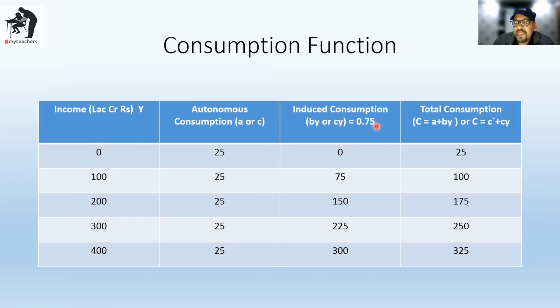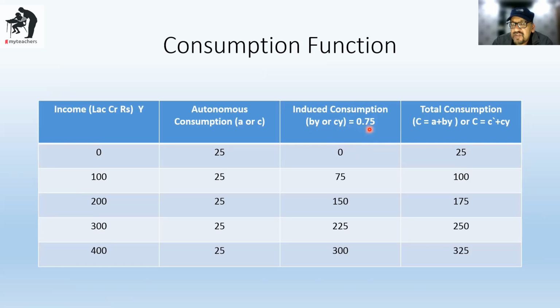Induced consumption. To determine the induced consumption in the economy, we first have to assume MPC, which is denoted here by BY or CY. We have assumed that MPC, the marginal propensity to consume, is 0.75.